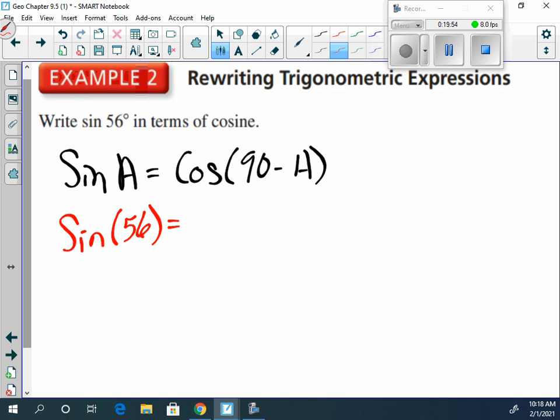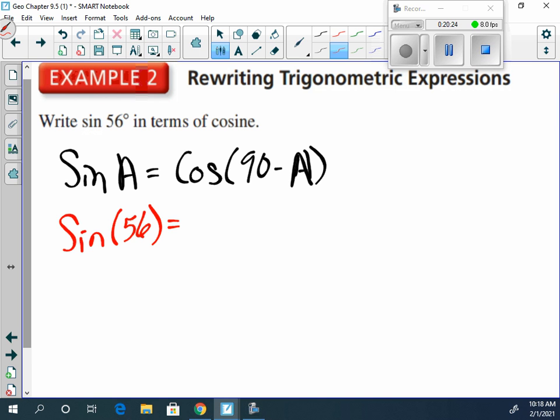So what's angle A? In this case we have sine of 56, so what's the value of A? It's 56, because this matches up, right?